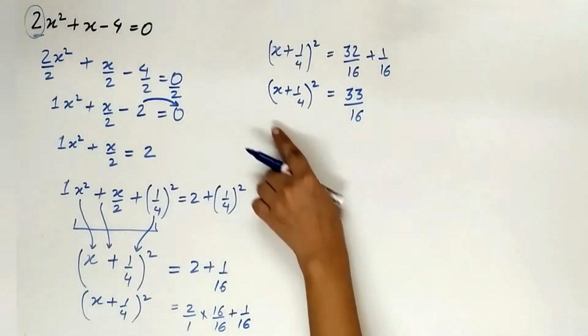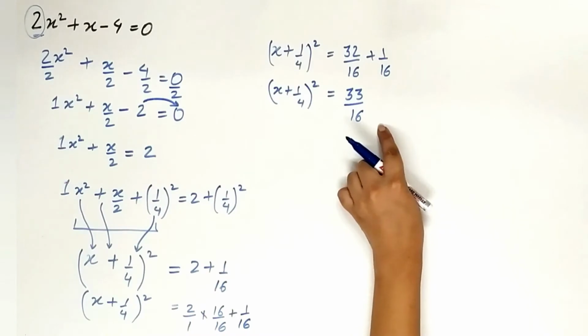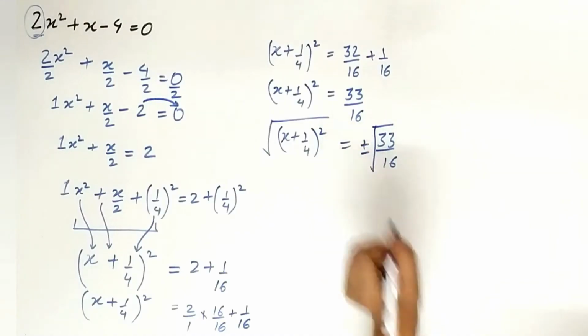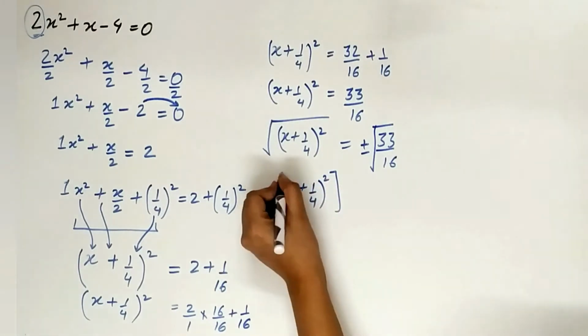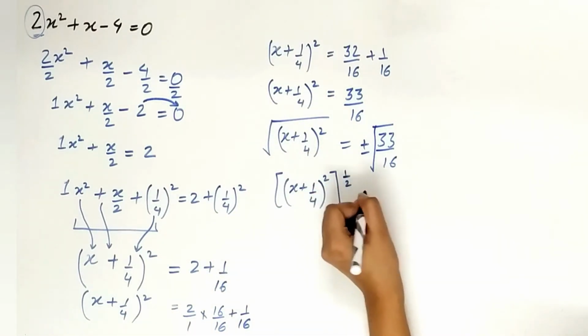Step 5, square root both sides of equation. Square root can also be expressed as 1 by 2.